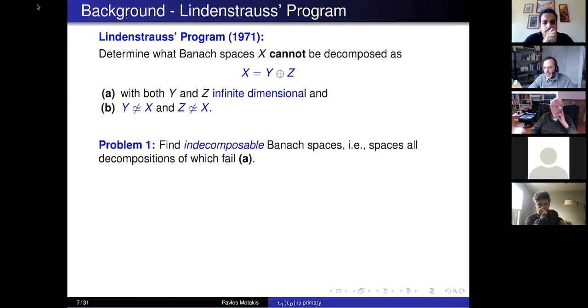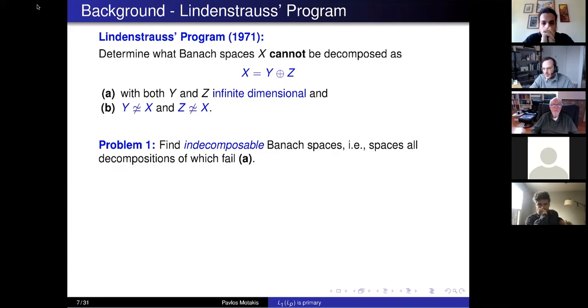He basically had a few questions, and here are two of those questions. The first one was: find indecomposable Banach spaces. These are the spaces, by definition, that don't have decompositions that satisfy A. You can never decompose them into two infinite dimensional pieces. And as weird as this might sound as a property, such spaces exist.